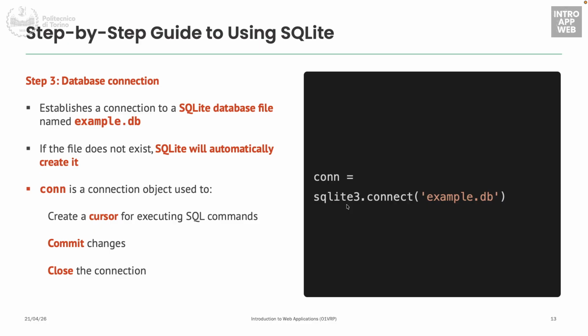So it's a file within our project. To connect to the database, we just have to reference the file that represents the database. In this case, example.db is the name of the file that represents the database. And the connection is basically done through this code line, sqlite3.connect.